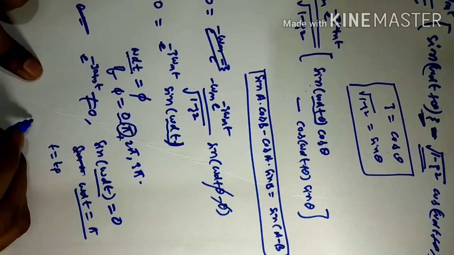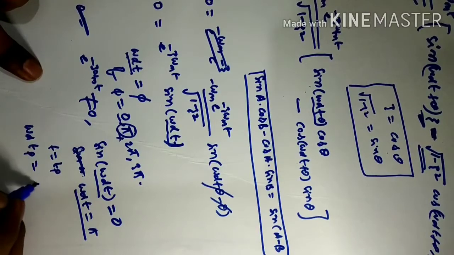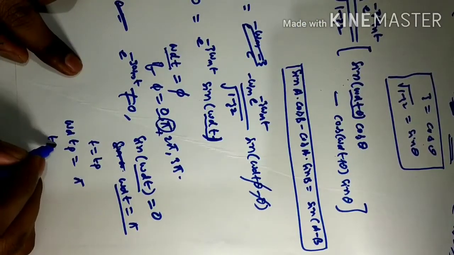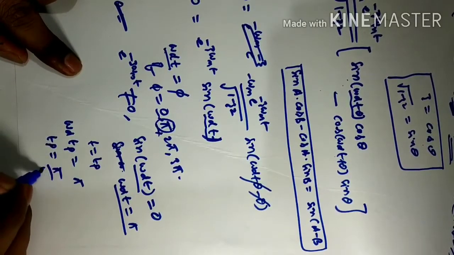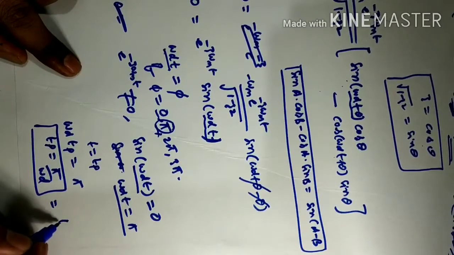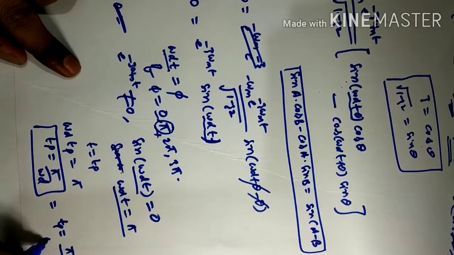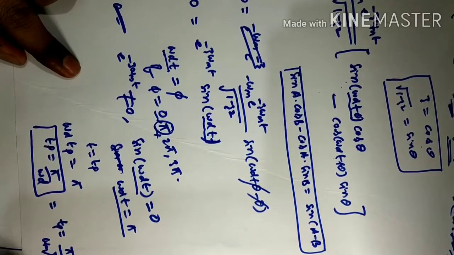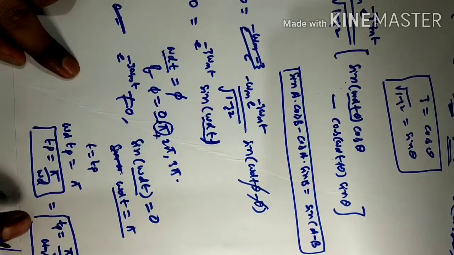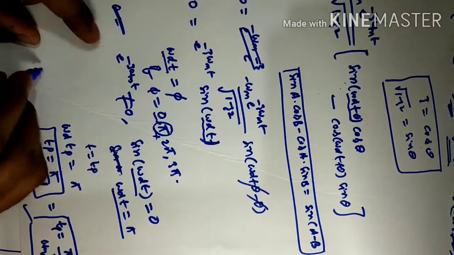So I'm going to substitute omega d Tp is equal to pi. In that case Tp is equal to pi by omega d. And also we can write Tp is equal to pi by omega n root 1 minus zeta square. So this is the expression for peak time.